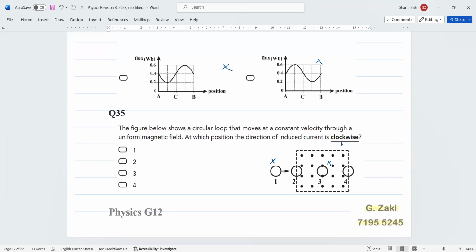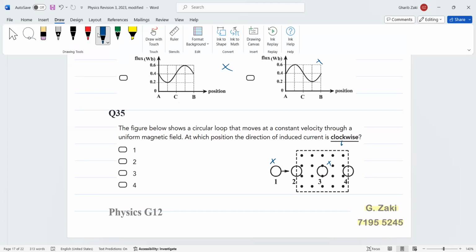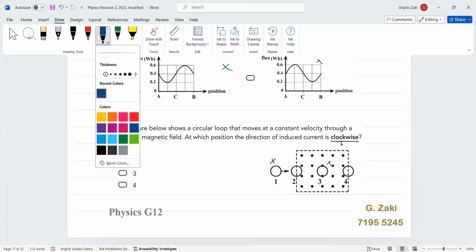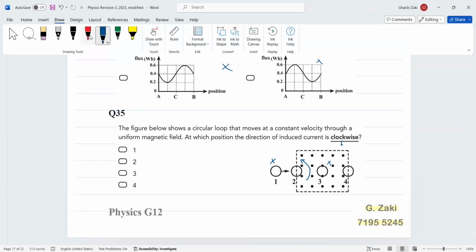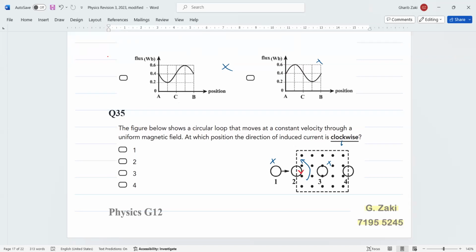In the field, we have movement. Follow me, please. The field is out of the page. Then we have the current produced in the field clockwise. According to Lenz's law, the current in loop 2 will be opposite. Then clockwise, it's loop 2.